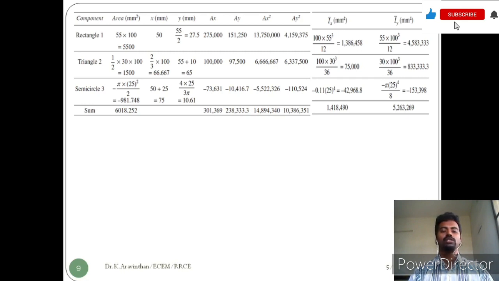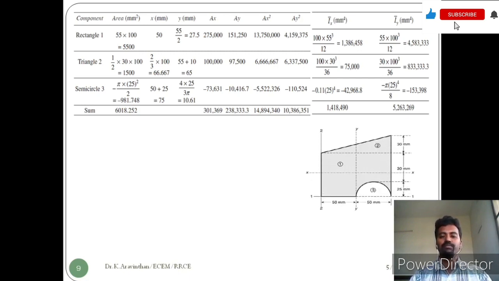Why? Because the formula is root of I by A. You need I, known as the moment of inertia, and the area. Without identifying the moment of inertia, we cannot find the radius of gyration. And if you want the moment of inertia, you have to know the concept of centroid, that is x bar or y bar. So everything is sequential in order to find the end point.